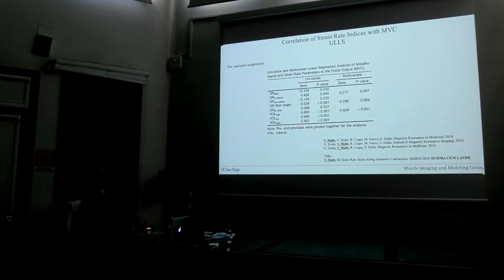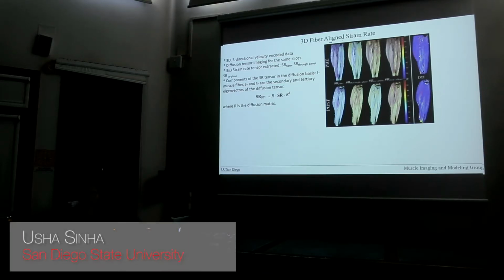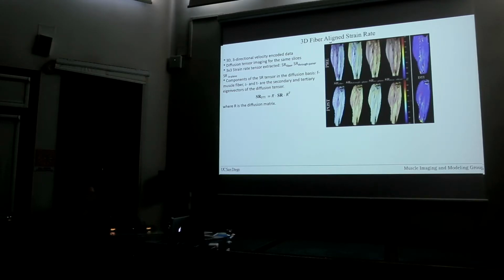The next couple of slides are all related to works in progress. Another index of interest for us is fiber aligned strain rate, and that means trying to see what the strain is along the actual muscle fibers. I showed earlier that we did rotate it to the fibers, but the fiber direction was grossly found out from the fascicle directions.